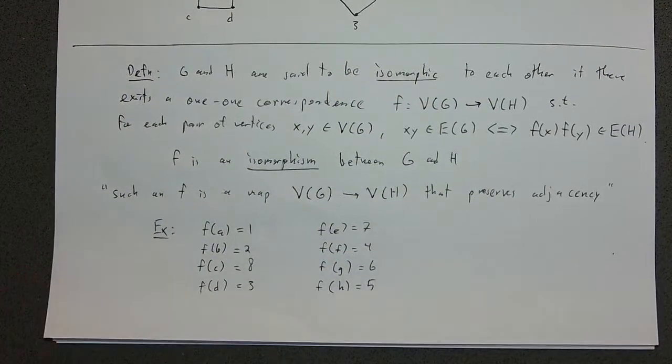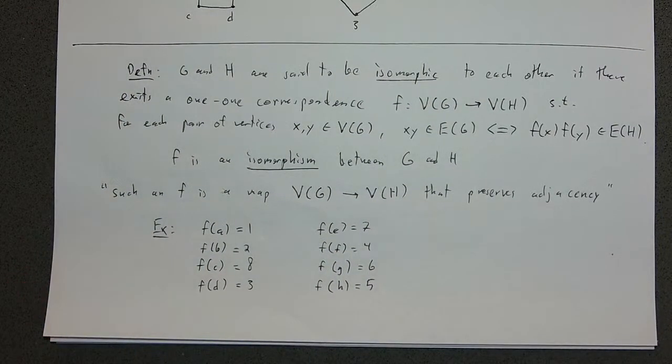Then a way of thinking about this isomorphism is that the isomorphism is the relabeling function. It is the thing that tells you how to relabel the vertices in such a way that it becomes clear they are the same graph. This is actually another way of thinking about isomorphisms, period, even in other contexts.